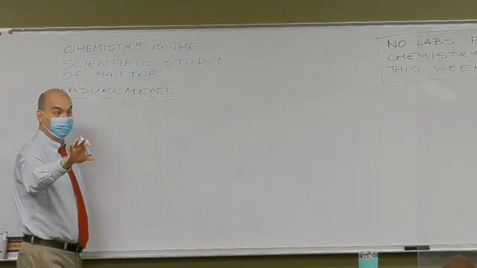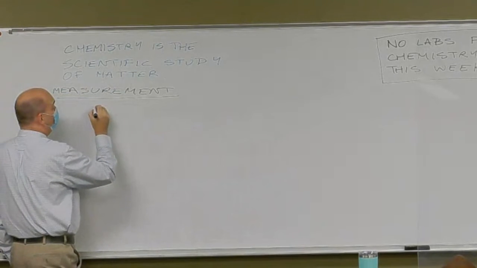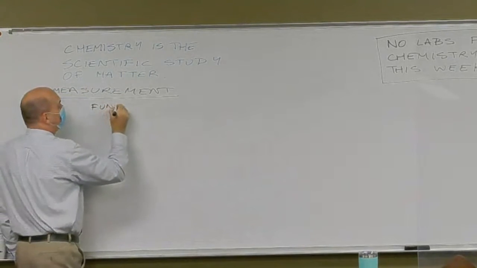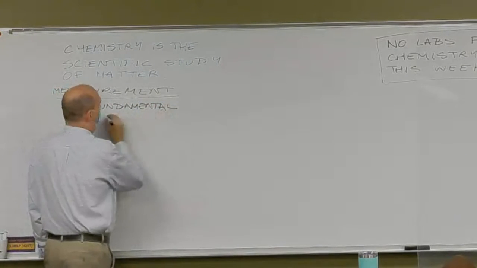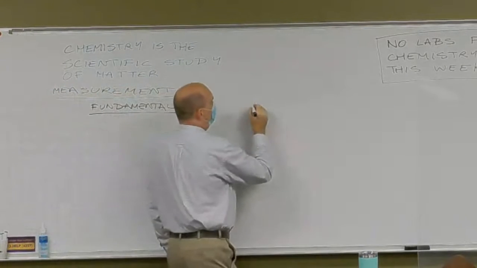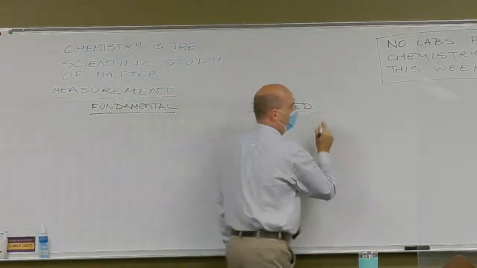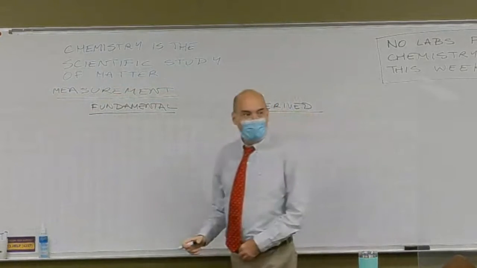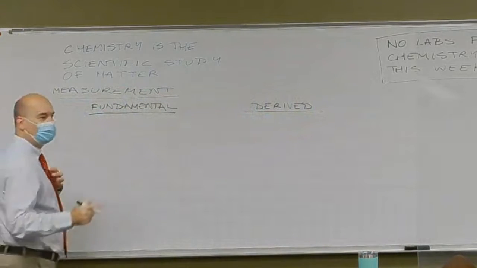So, is that temperature? Okay, let me do that. So, I'm going to put these into two camps. They're called fundamental and derived. Now I know what they're going into before we start. You're going to help me figure it out.